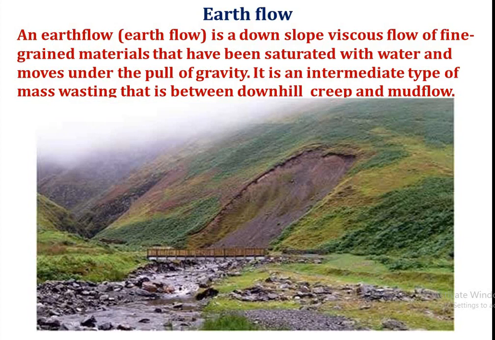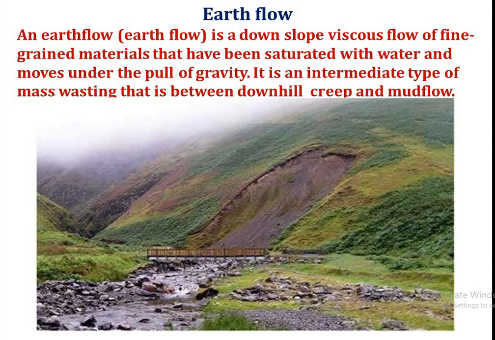Now earth flow. An earth flow is a downslope viscous flow of fine grained material that has been saturated with water and moves under the pull of gravity. जब रॉक मटेरियल जो फाइन ग्रेन हो उसके साथ में पानी मिल जाता है तो वो सैचुरेटेड मटेरियल ग्रेविटी के साथ में डाउन हिल स्लोली फ्लो करता है.